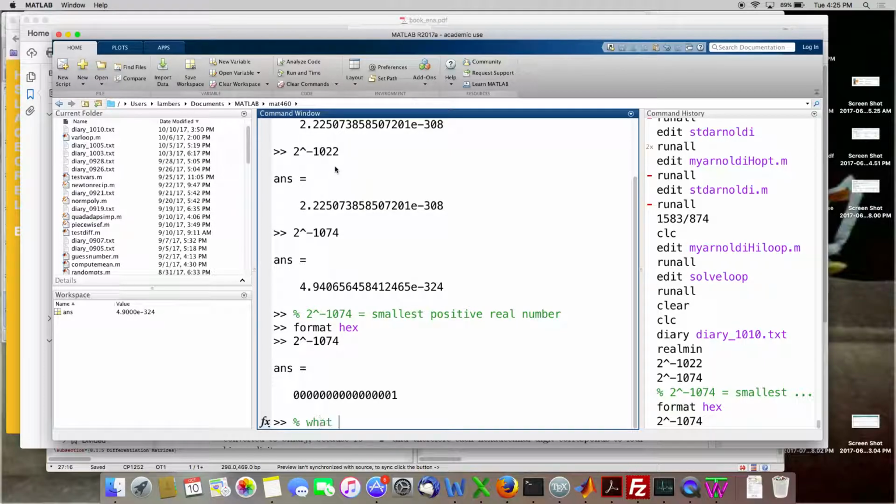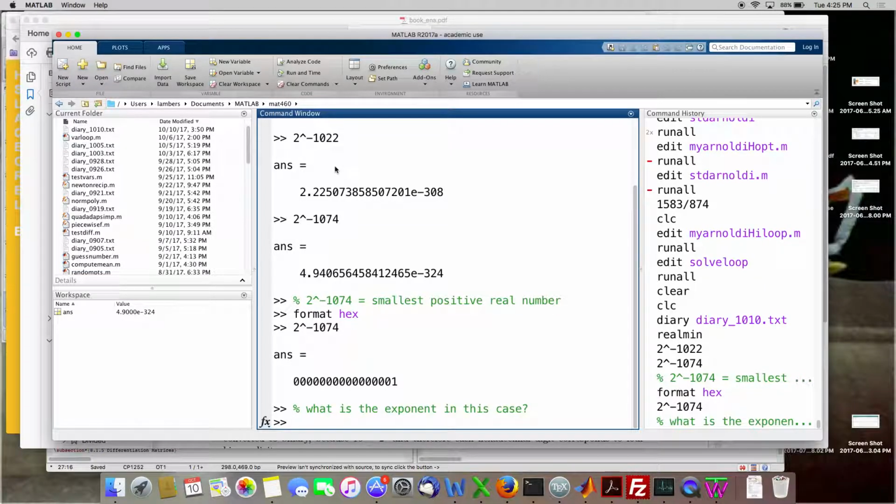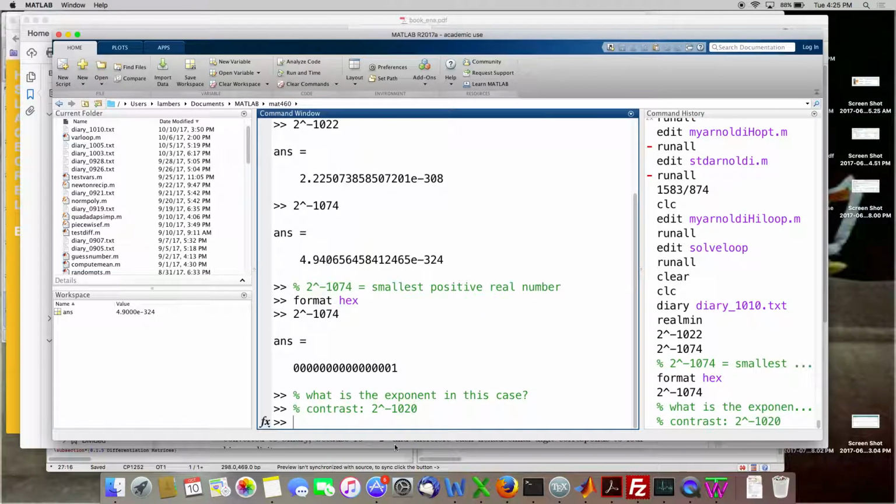So what is the exponent in this case? As opposed to a number like, I'll pick a much larger, although it's still pretty small, like 2 to the minus 1020. I'm picking that one because it would be represented using a normalized number.